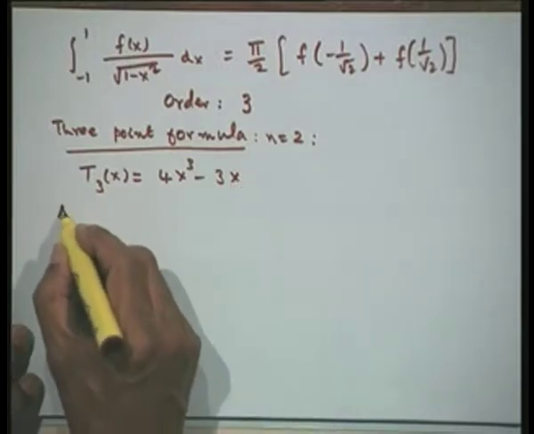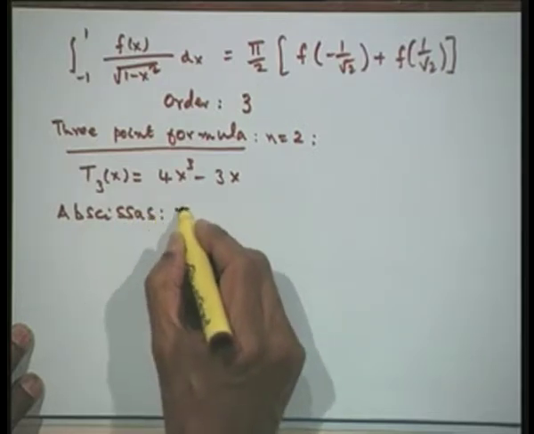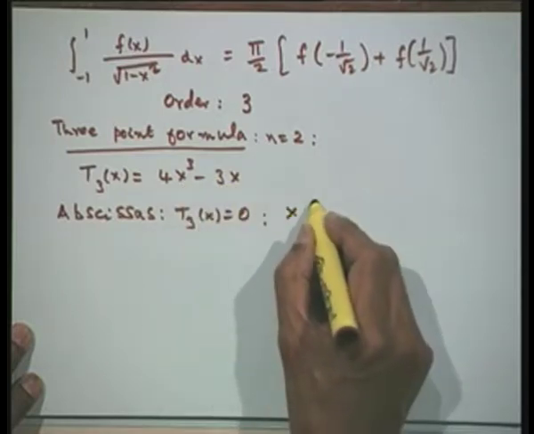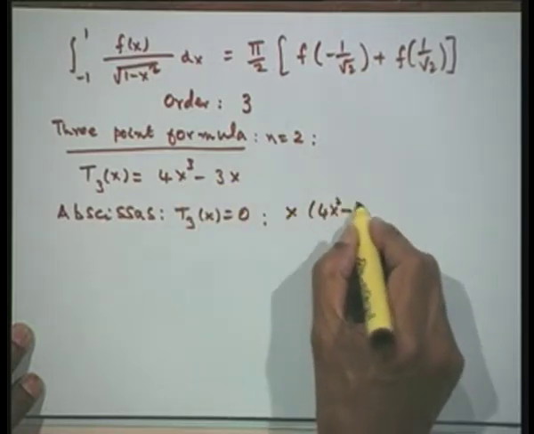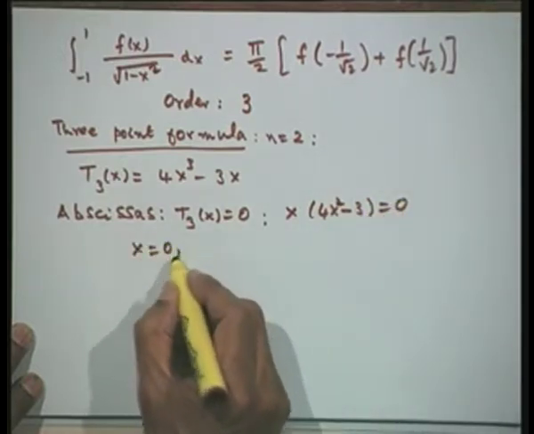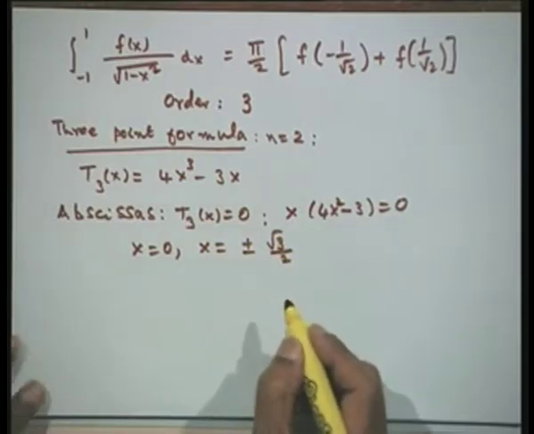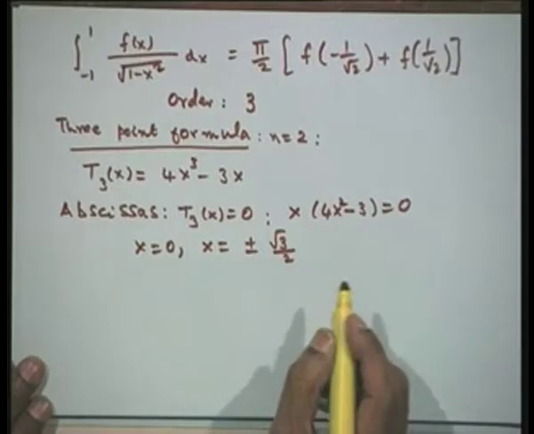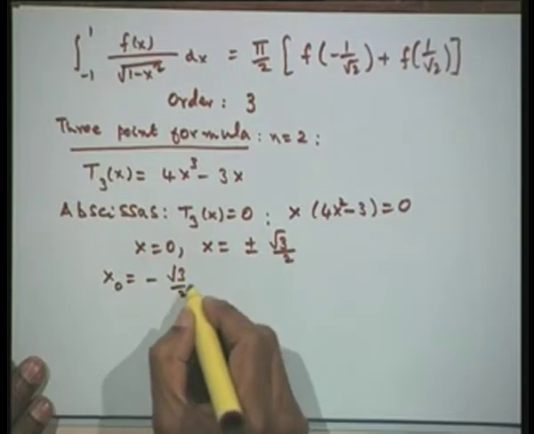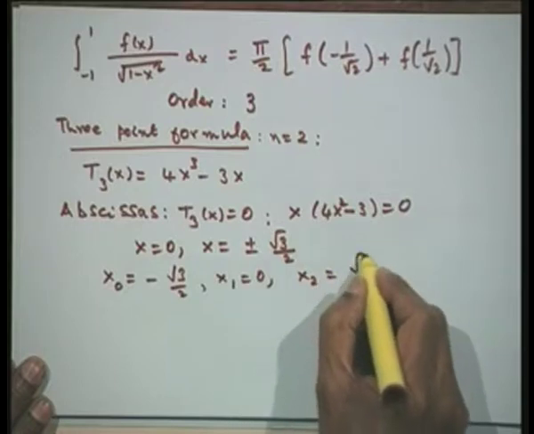Now I can again find the abscissas from here. I set t3 of x equal to 0. So I would get here x into 4x squared minus 3 is equal to 0. So I have the value x is equal to 0, x is equal to plus minus root 3 by 2. Therefore we shall choose the points as x naught is minus root 3 by 2, x 1 is 0, x 2 is equal to root 3 by 2.